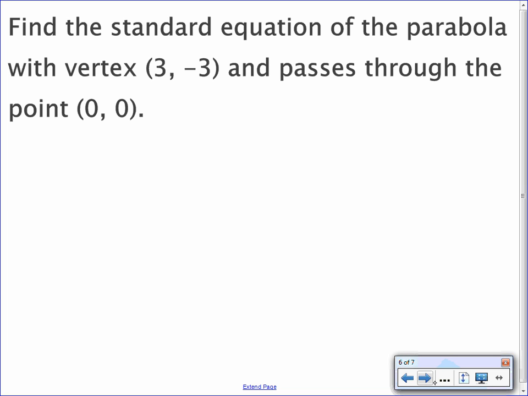Okay, so I want the standard equation of the parabola with the vertex (3, -3). And we have a point at (0, 0). Hold on.